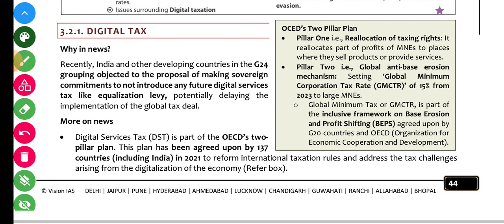Next is the digital tax. What is the digital tax? Digital tax is simply the tax collection through digital ways.